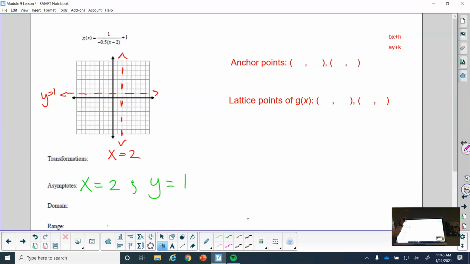It's a sideways reflection. Technically, right now, our A value is positive, which means it should be up on the right. But we have a sideways reflection, which means it's going to be a mirror. So if I just sketched this based on what these transformations tell me, then I know that it's going to look like this.